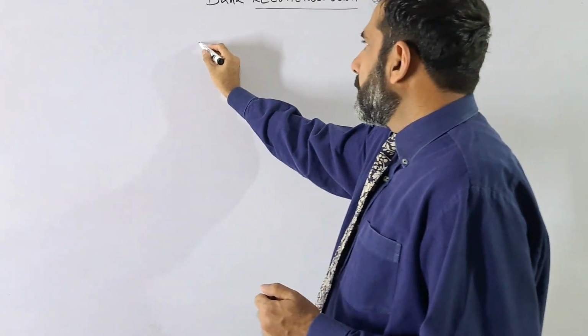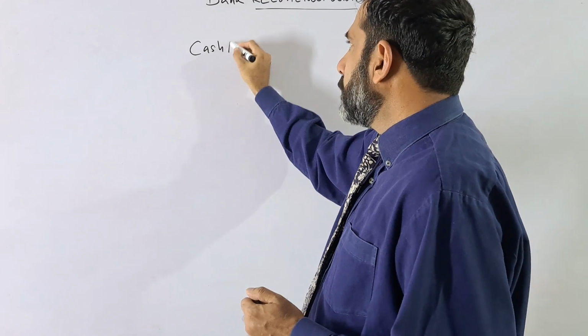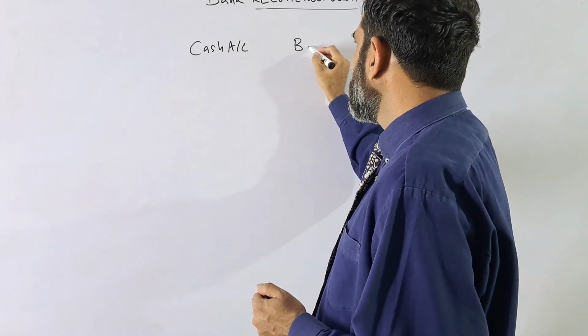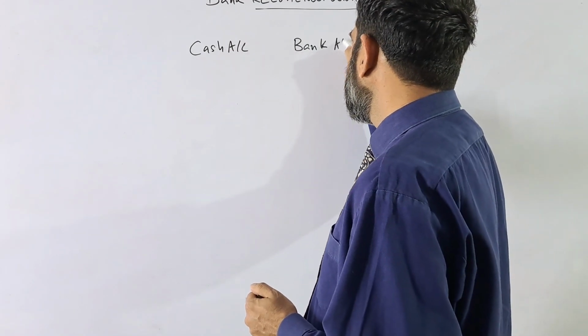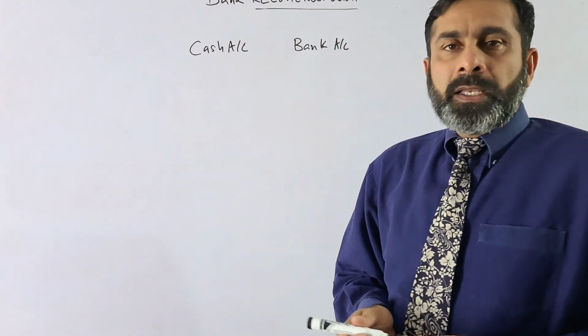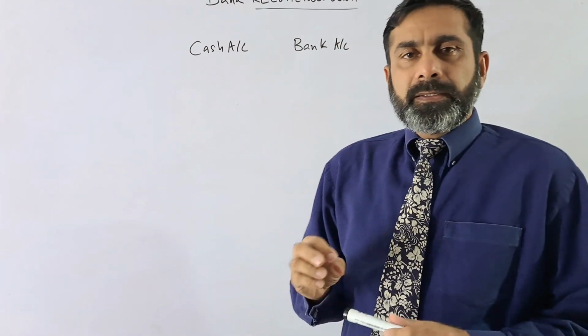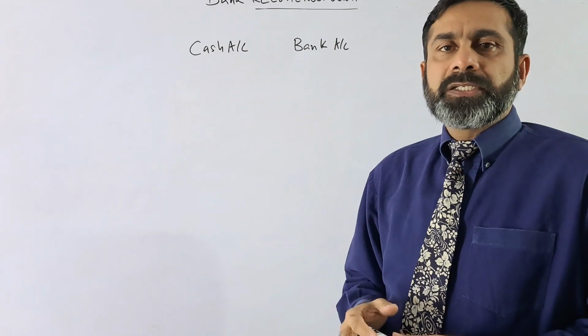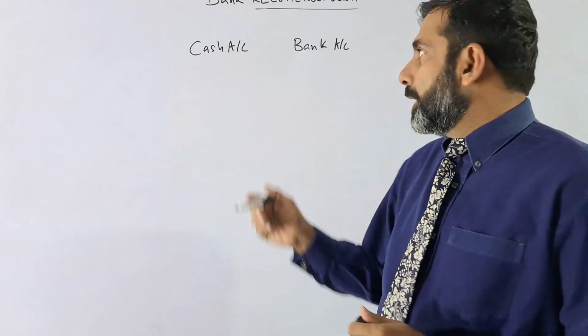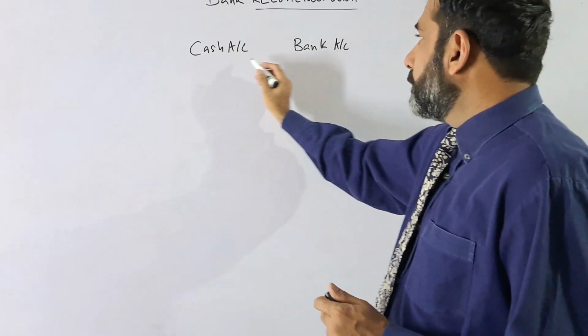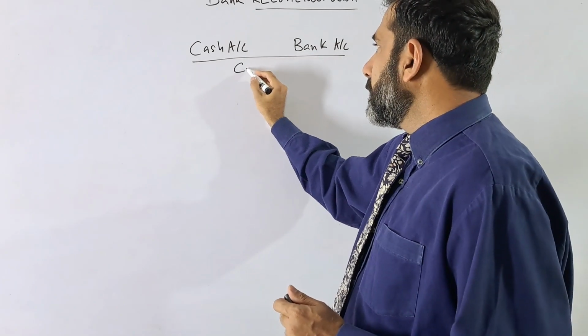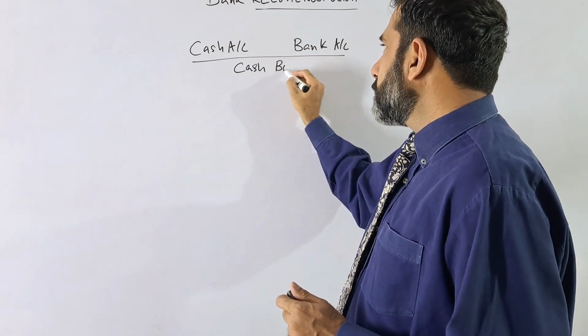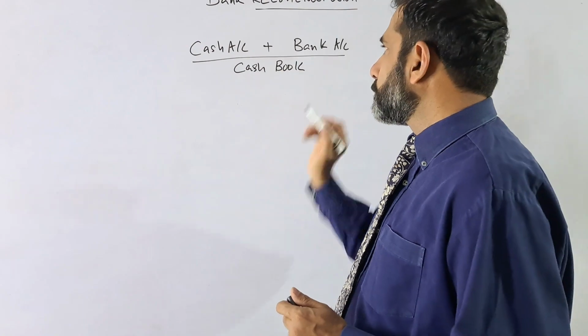See, we have a cash account and a bank account, meaning some of the cash is available as cash in hand and some of the cash is available in the bank. Both of these are recorded in the cash book.